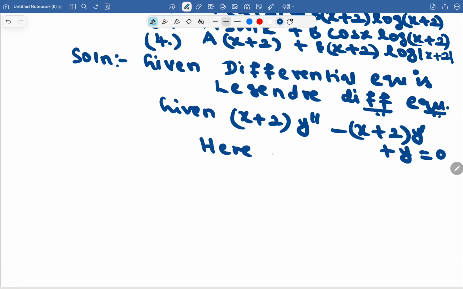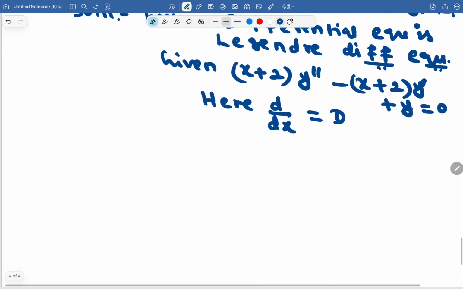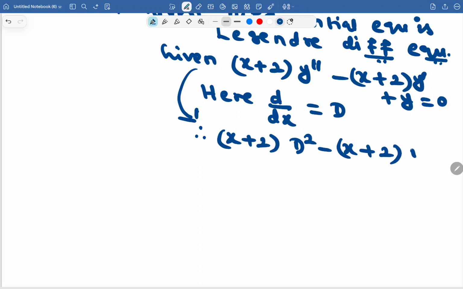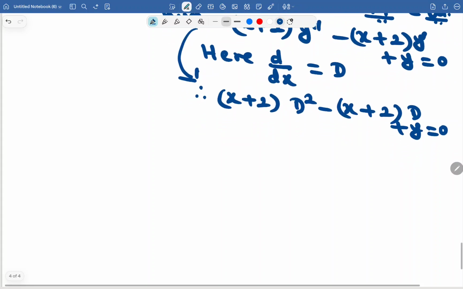Here, what is d by dx? That is capital D. Therefore, this equation becomes x plus 2 whole square D square minus x plus 2 D plus 1 of y equal to 0.